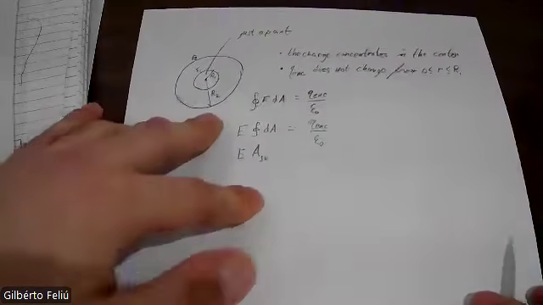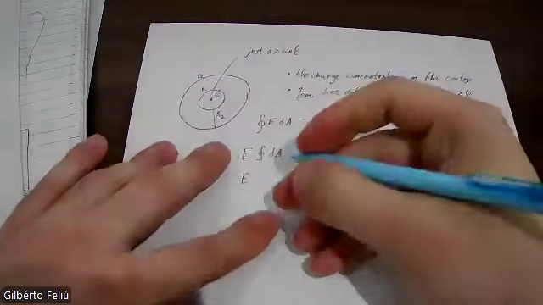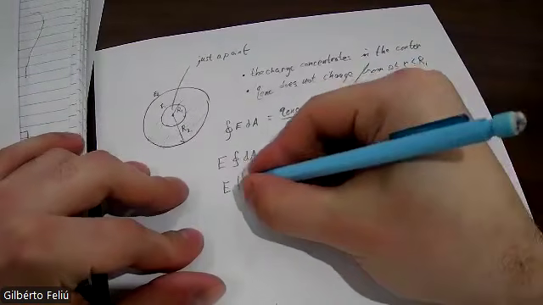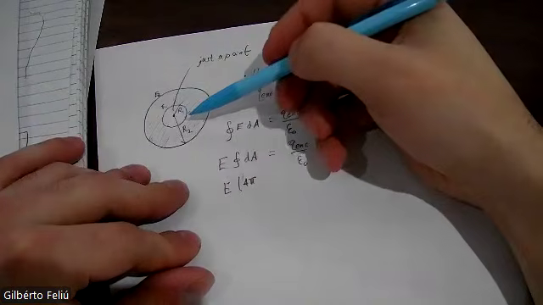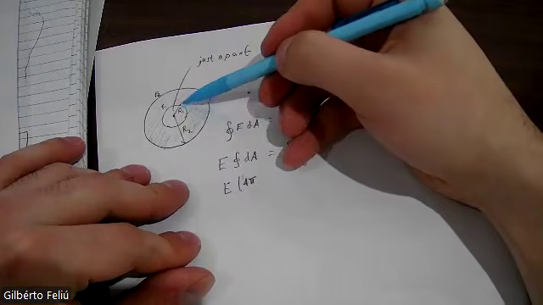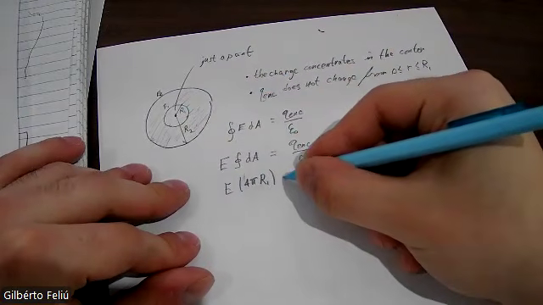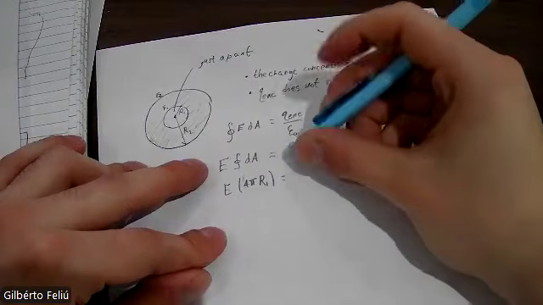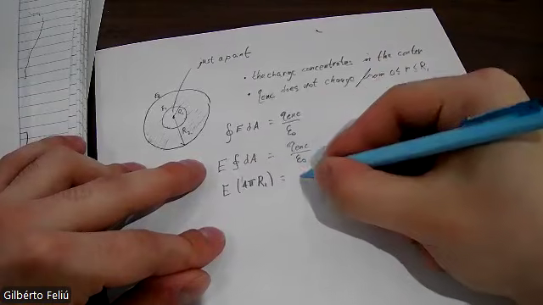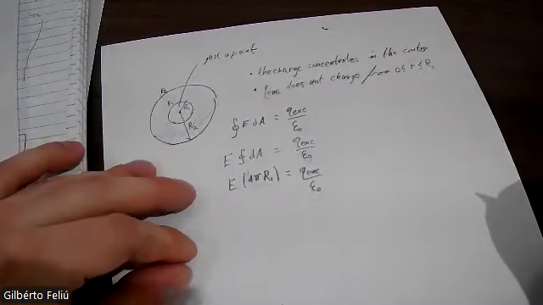Let me make this visible. All right. So 4 pi radius squared, and the radius would be this one, respectively, R1. And that's equal to Q enclosed over epsilon.